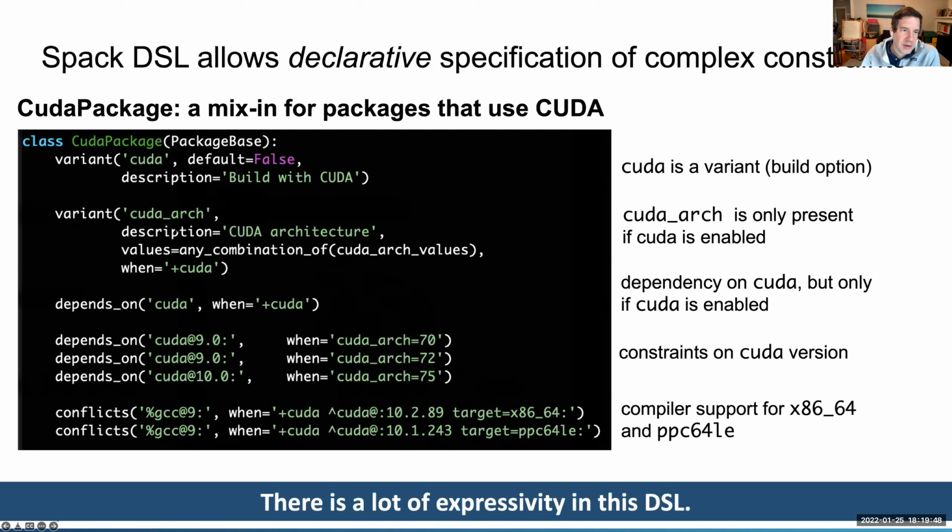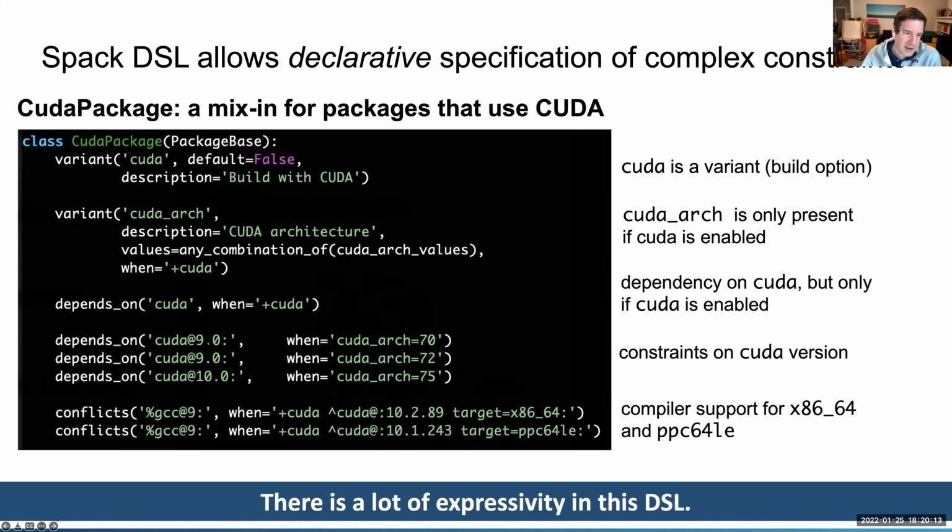There was another variant that was really only meaningful when CUDA was enabled, called CUDA Arch. And now we can basically say this variant only exists when CUDA is enabled. And we can reason about packages that way, and it's pretty simple to add this kind of thing. There's a conditional dependency on CUDA when that's enabled. And it's enabled us to express the architecture support for the CUDA package.